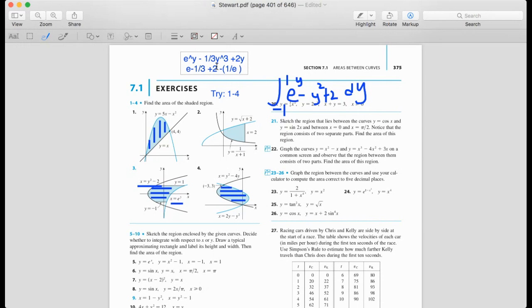Then the last term, 2 times -1. What's 2 times -1? -2. Yeah.